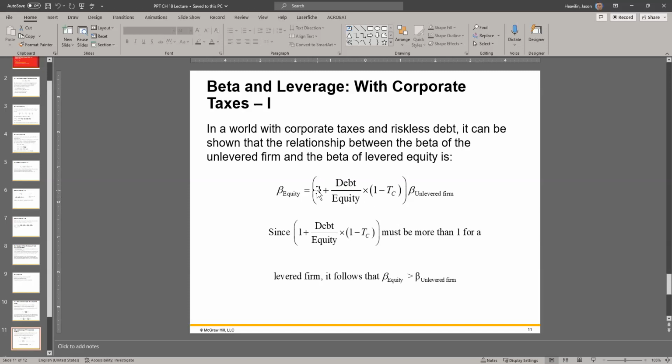But when you put a 1 in it, it means this will always go higher from what it was here. So that means that the beta of equity on a firm with debt will always be higher than the beta of equity in a firm without debt. But how much depends, that's a lot of other stuff to discuss, but do know that. And this is how you calculate it.